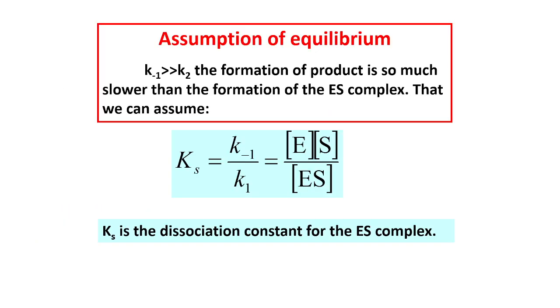So now we come to the assumption of equilibrium. This is entirely based on the steady state approximation that I was telling you about, where you do not know the concentration of the enzyme-substrate complex, and what you do is a steady state approximation. The steady state approximation tells you that you can never calculate the concentration of the complex so easily.